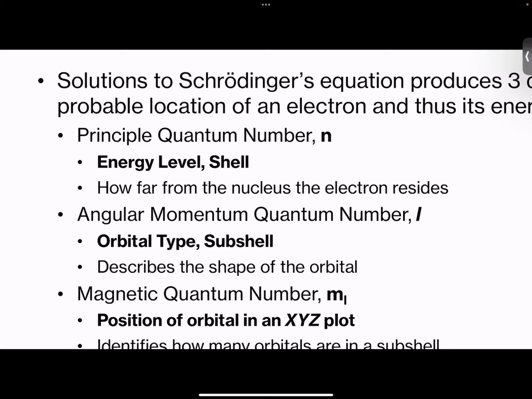The next quantum number that the Schrodinger equation generates is called the angular momentum quantum number. It is represented with a lowercase l. Typically, we make that lowercase l italicized, or cursive, just so that we can differentiate it from the number 1. But it is an L. The angular momentum quantum number tells us the orbital type or the subshell.